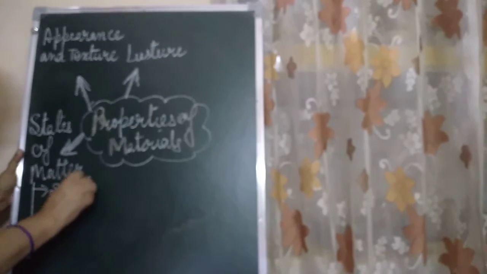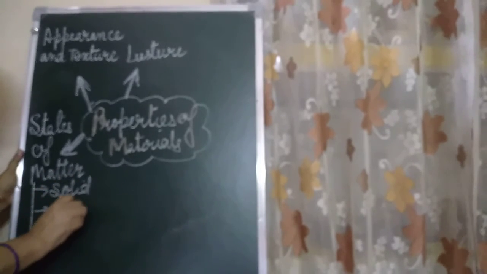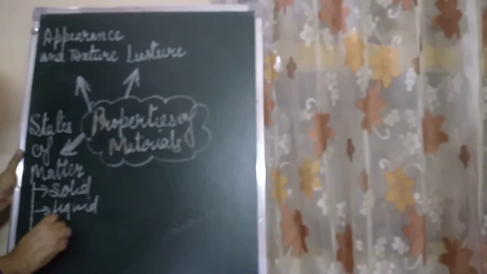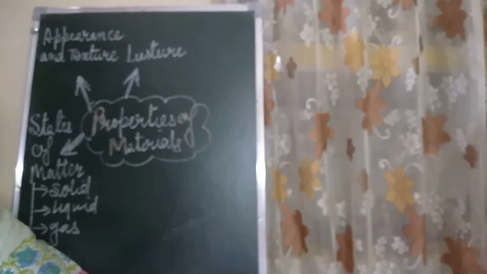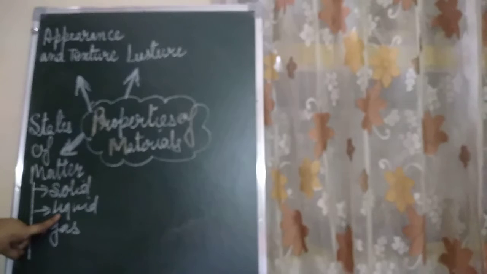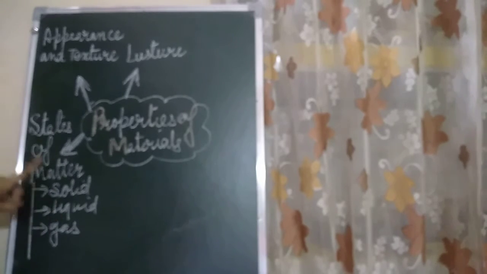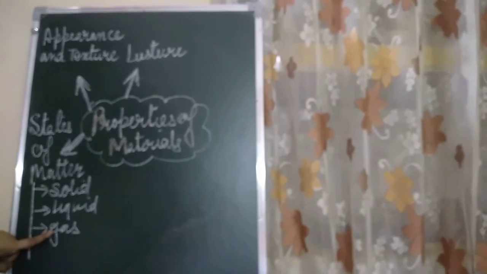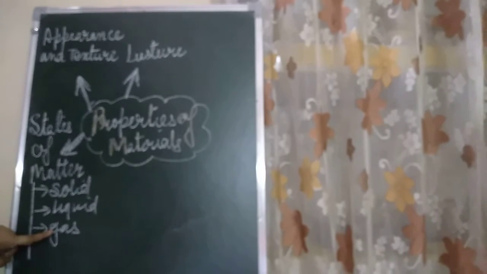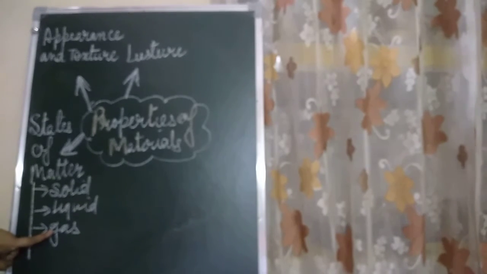Solid, liquid and gas. These are the states of matter. So what do you know about solids, children? Solids do not easily change their shape or volume, but liquids change shape but not volume. What about gas? Gases easily change their shape and volume.